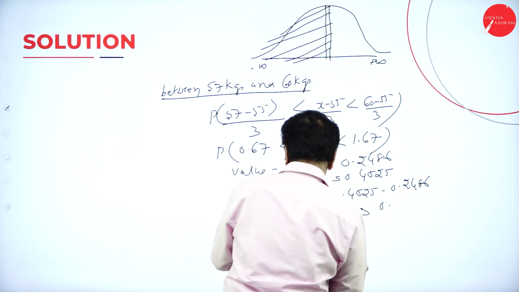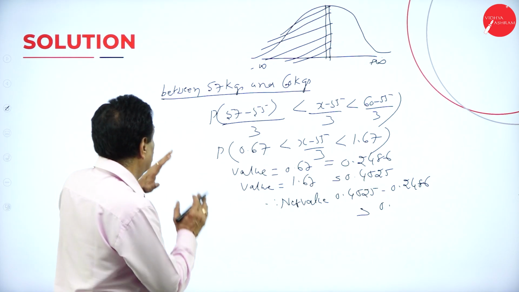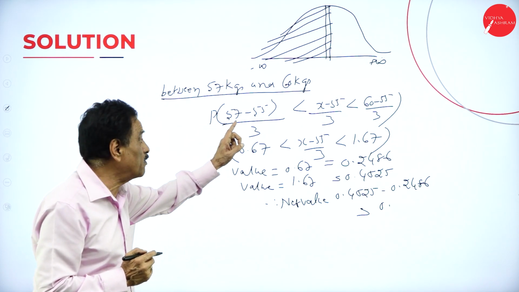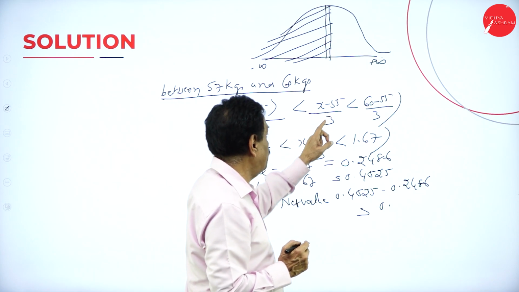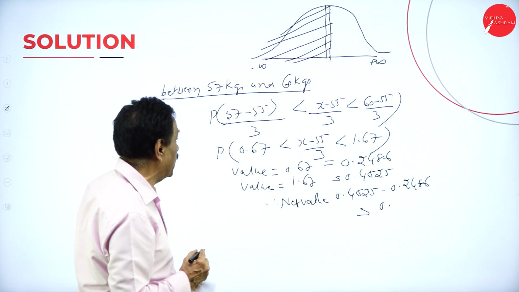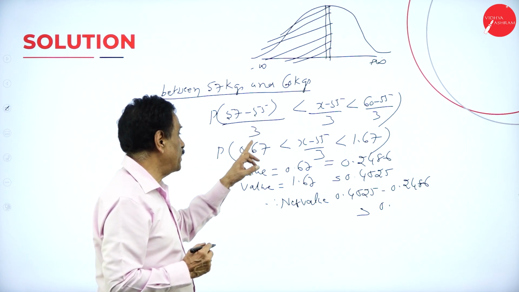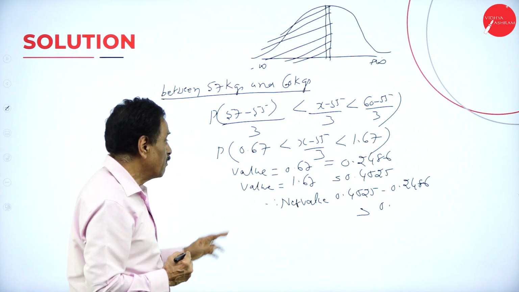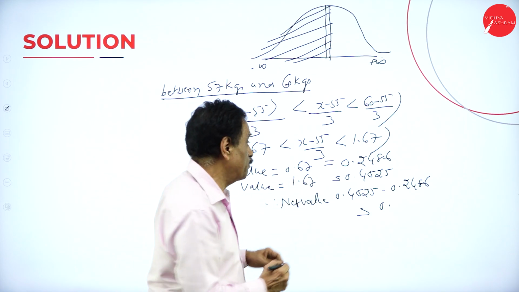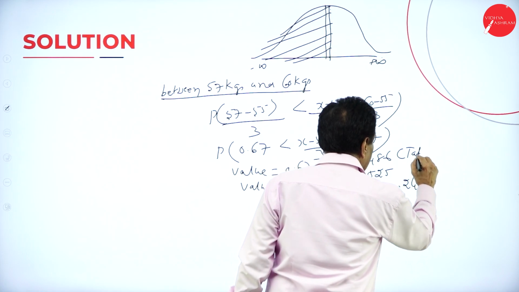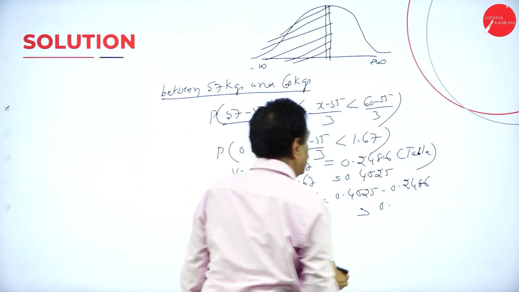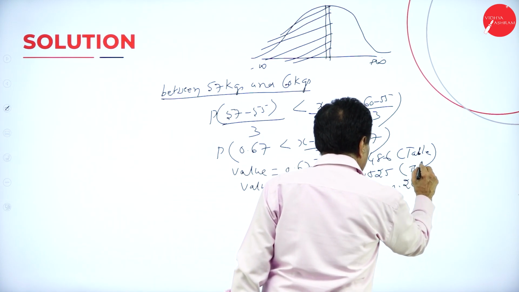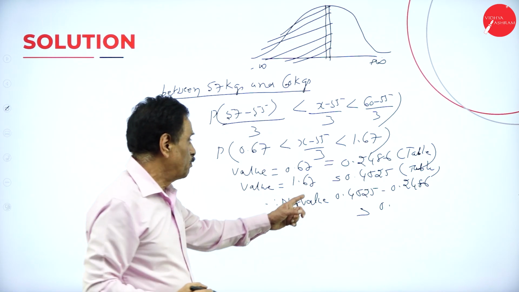So now we are discussing between 57 kgs and 60 kgs. Less than 57 minus 55 divided by 3, x minus 55 divided by 3, 60 minus 55 divided by 3. So it is 57, 2 divided by 3 is 0.67, less than 1.67. Table value for 0.67 is 0.2486, for 1.67 the table value is 0.4525.